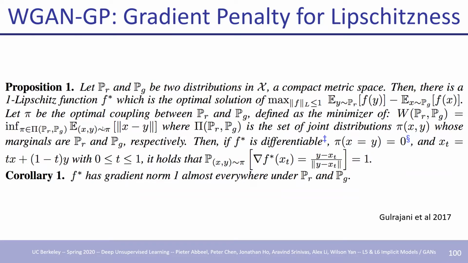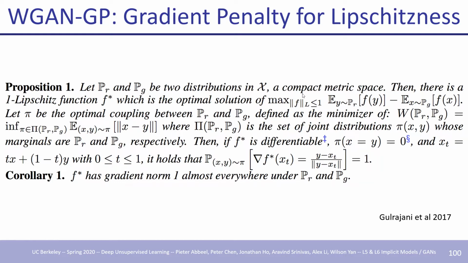So we have the expectation of the norm of x minus y over the joint distribution, which is two-dimensional with the marginals PR and PG, and then we take the minimum of it. So this is all the stuff we already know. This is just setting up what we already know.